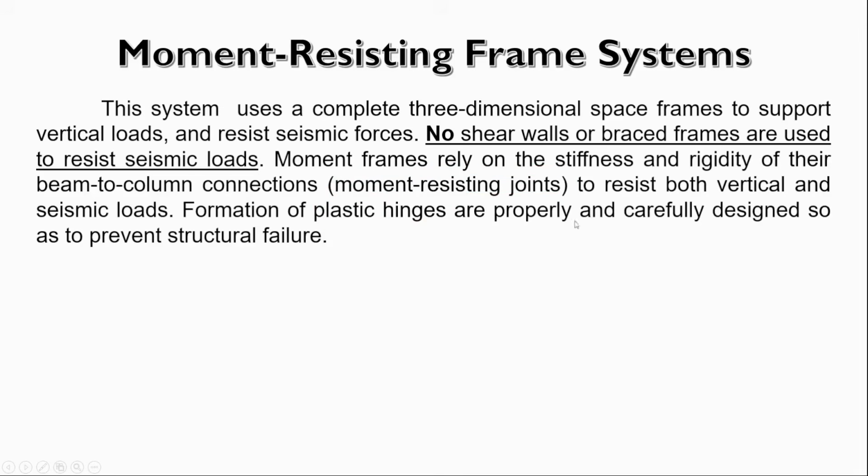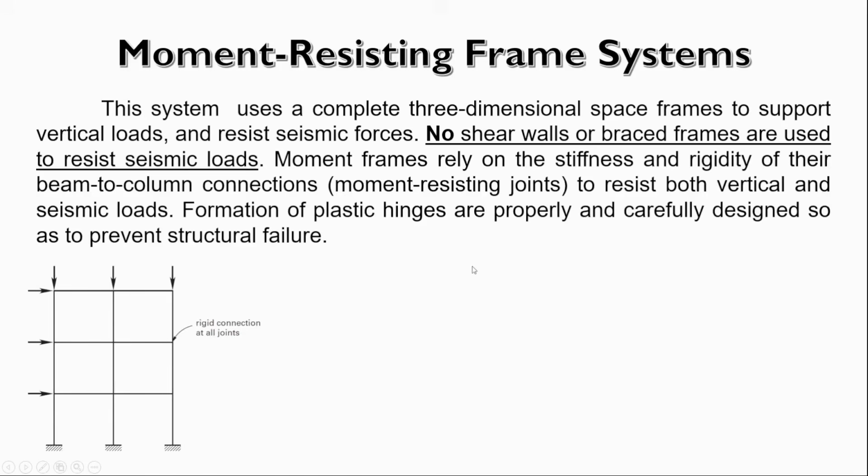So we need to properly and carefully design our structure such that the formation of plastic hinges will not cause structural failure. Plastic hinges are really inevitable if the demand or the earthquake load exceeds the strength. So plastic hinges are formed by resisting moments or flexure. This is why we call it moment resisting frame.